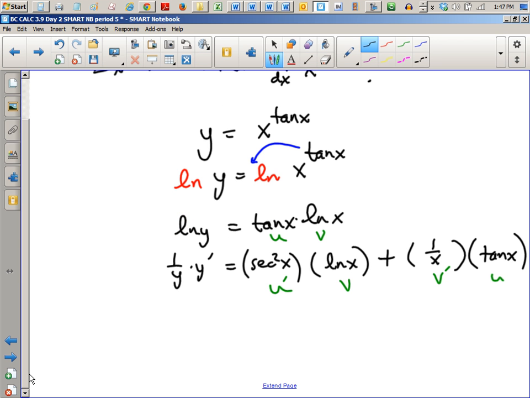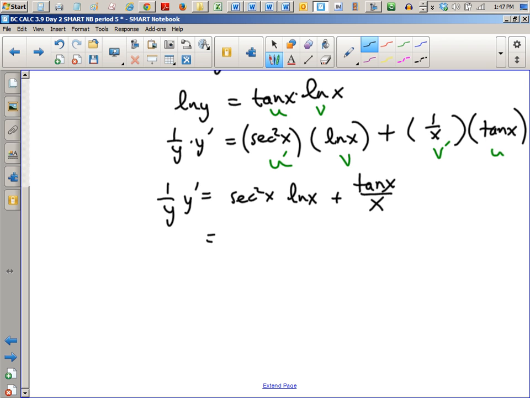Okay, so here we have 1 over y times y prime equals, and then we have sec squared x ln x plus tan x over x. And now let's just multiply both sides by y. So we get y prime equals y times sec squared x ln x plus tan x over x.